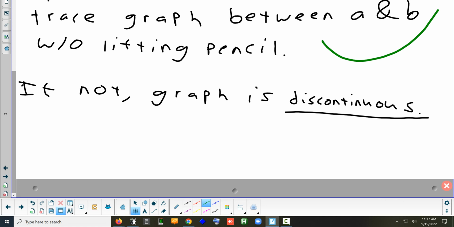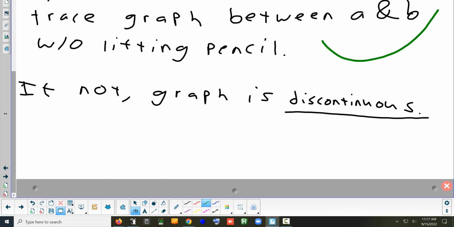Some graphs don't have discontinuities, like a parabola. You could start anywhere on a parabola and stop anywhere, and no matter where you start and stop, you will never have to lift your pencil. Parabolas do not have any discontinuities. The step function, yes, that one does.